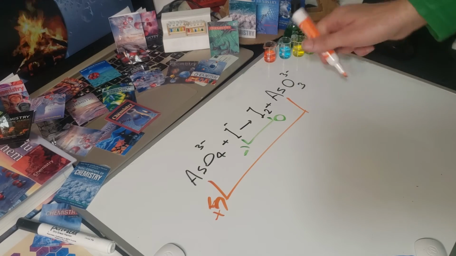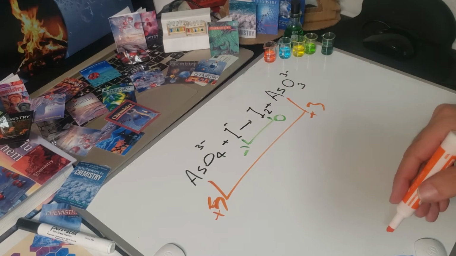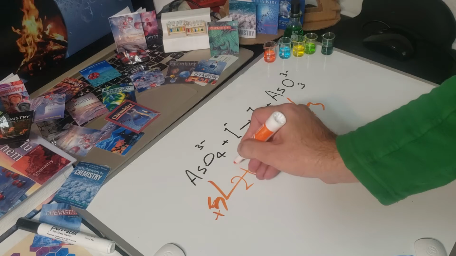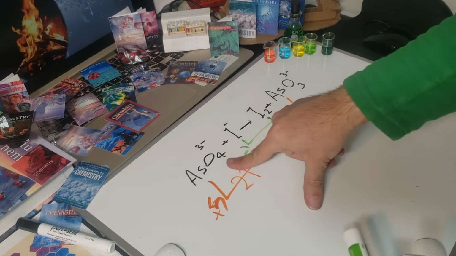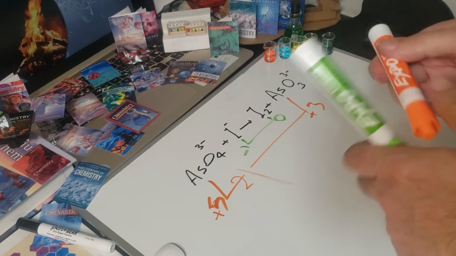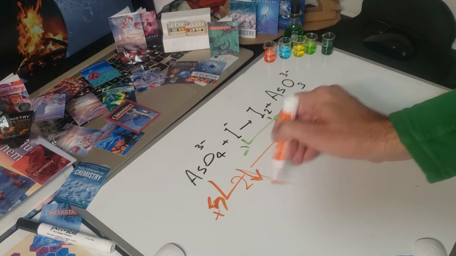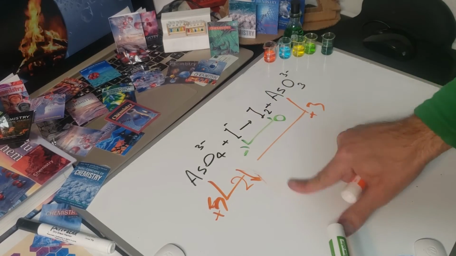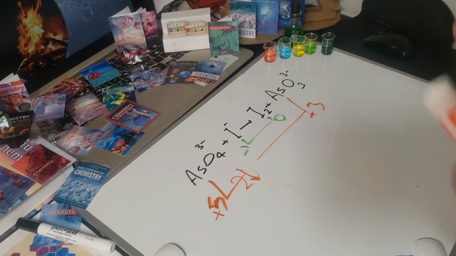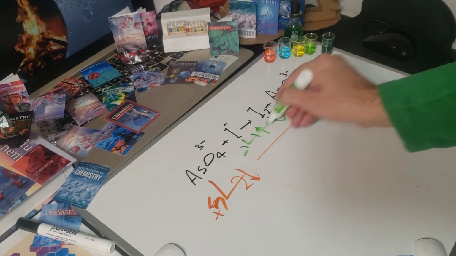Arsenic -6 is -3, so arsenic is +3. So 2 of a rise here, and also, my bad, 2 of a drop here. I apologize for the mess, and 1 of a rise here.